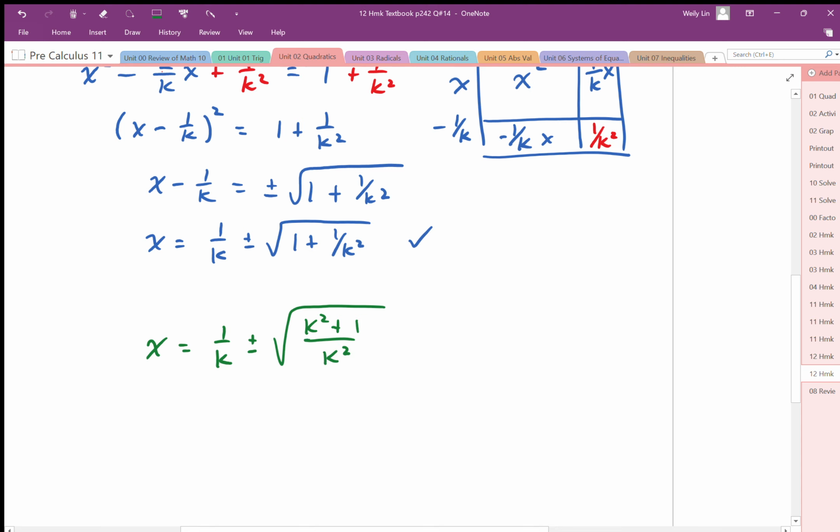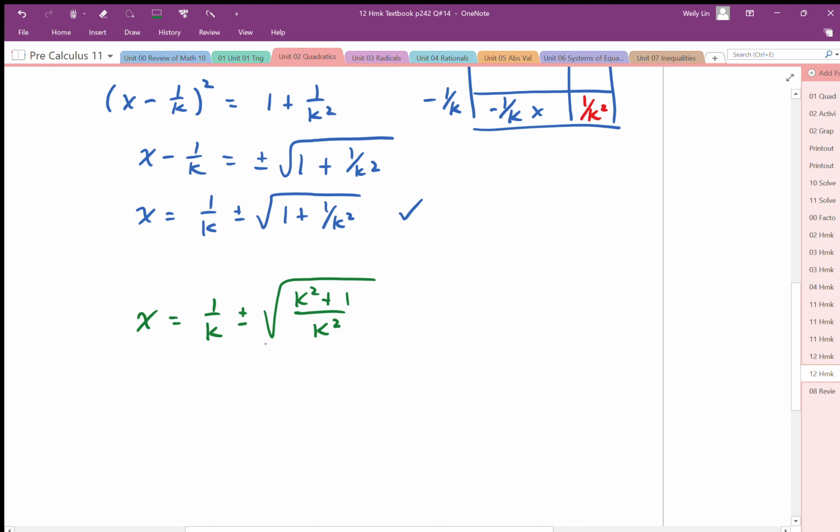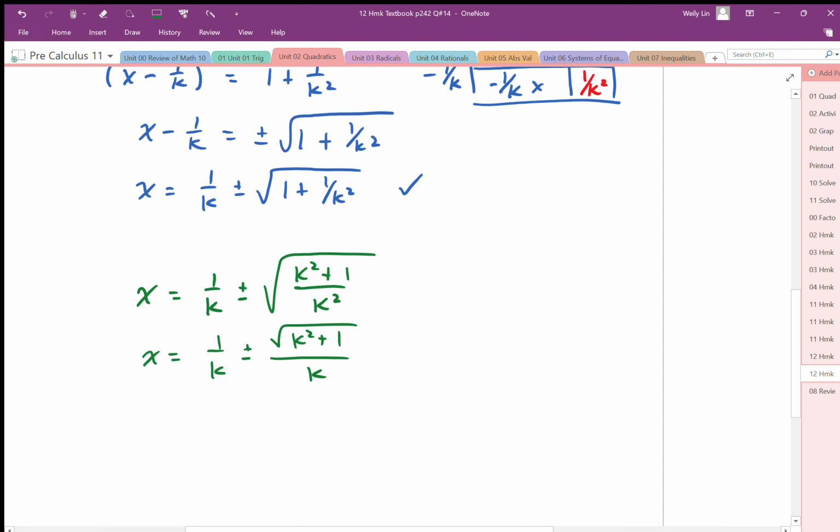I got a common denominator here, and then when I square root the denominator, I'm going to have a common denominator for both parts. So k squared plus 1 over k. Again, do not apply square roots across pluses. And then I can rewrite this as 1 plus minus square root of k squared plus 1 all over k as my solution. So this is just a cleaned up form of the original solution.